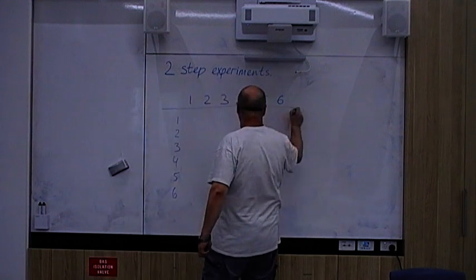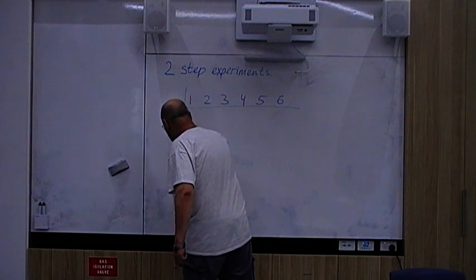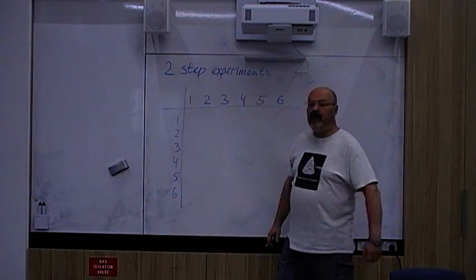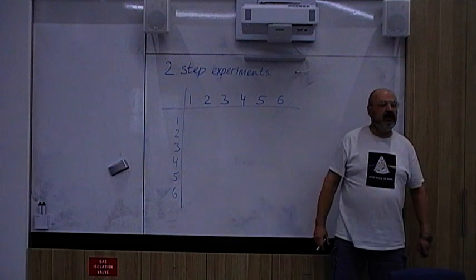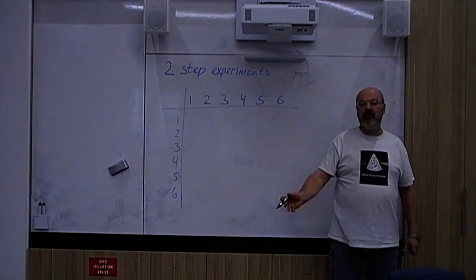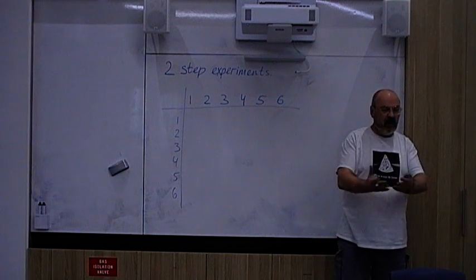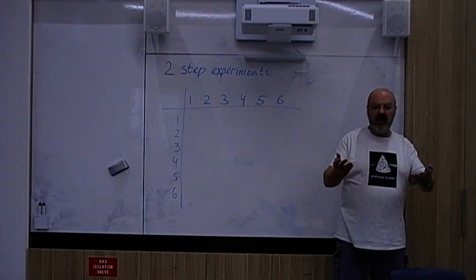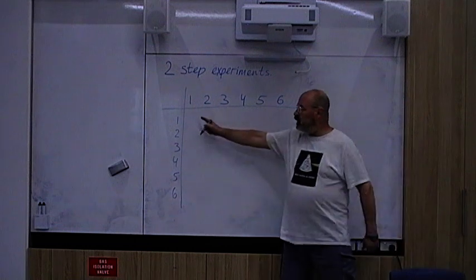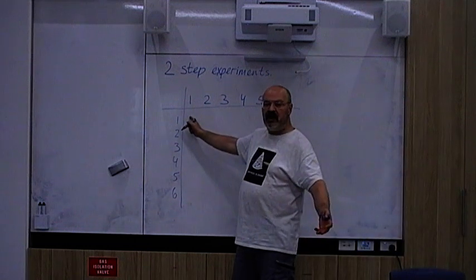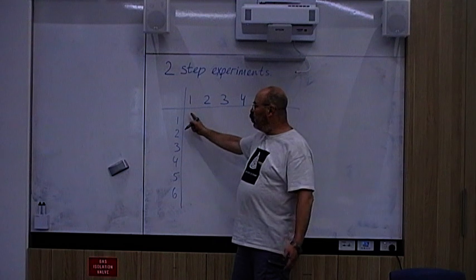So we make a table like this. And for example, if you look at the total when you roll two dice, and you add the results on the uppermost faces. What will we get here when we roll one on one die, one on another? What's the total? 2.